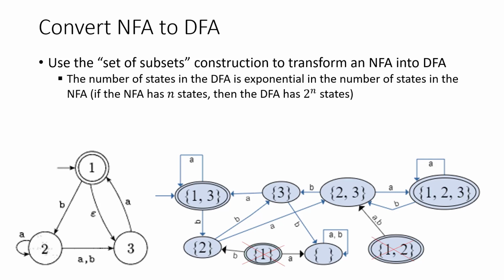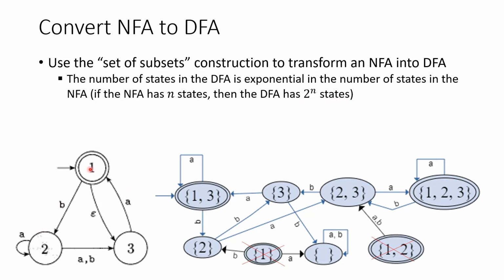So in general, the number of states in the DFA that is converted from an NFA using the subset construction is exponential in the number of states in the NFA. In particular, if the NFA has n states, then the converted DFA will have 2 to the n states.